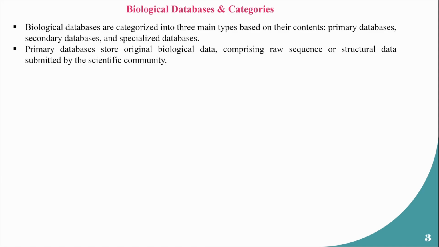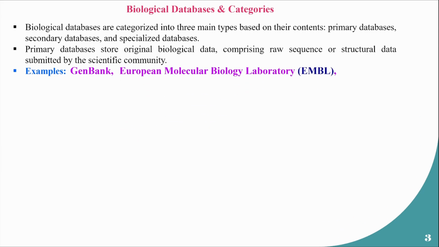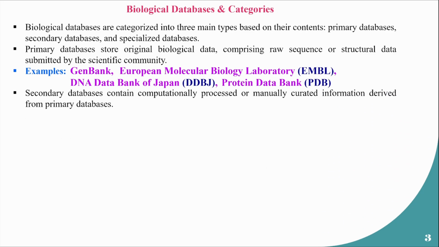You can think of genetic information like gene sequence, DNA sequence information, or PDB, which has structural data for proteins, and so on, right? Examples are GenBank, the European Molecular Biology Laboratory, that is EMBL, the DNA Data Bank of Japan, that is DDBJ, Protein Data Bank, as I said, and so on, right?